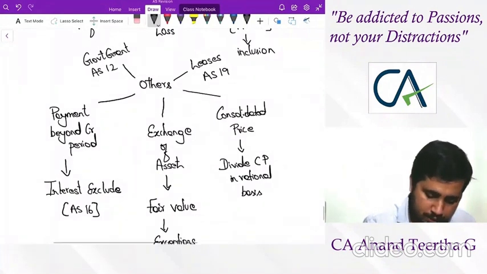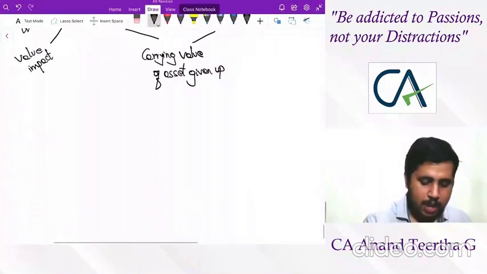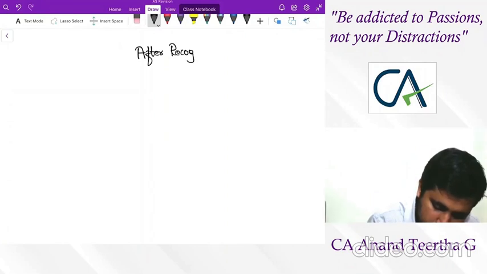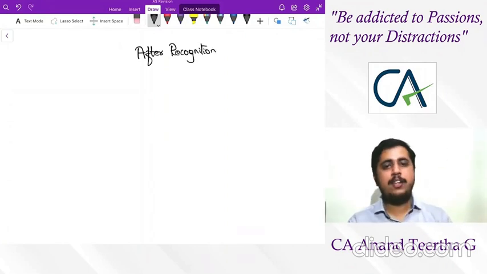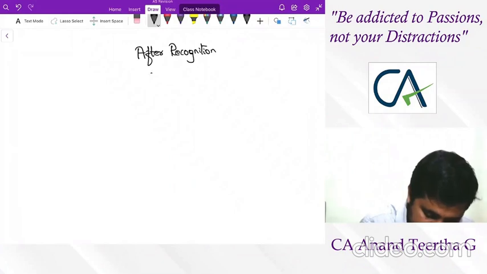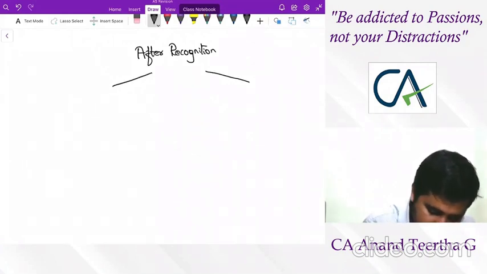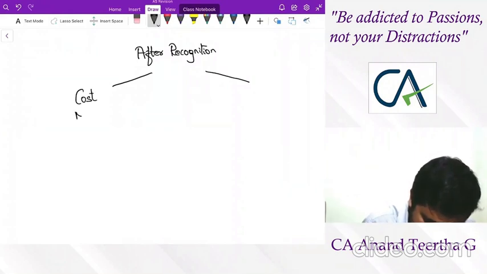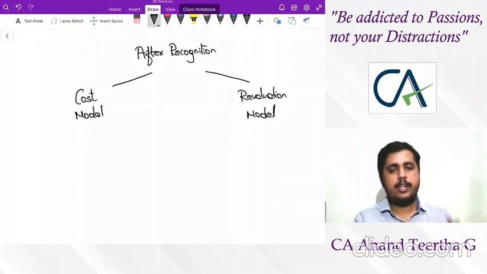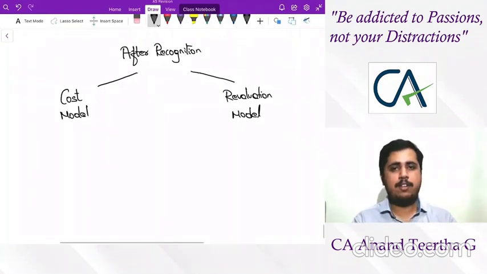Now, once you finish with the at-recognition principles, you then continue with the after-recognition principles. In after-recognition principles, the standard allows you to follow two models: either the cost model or the revaluation model.